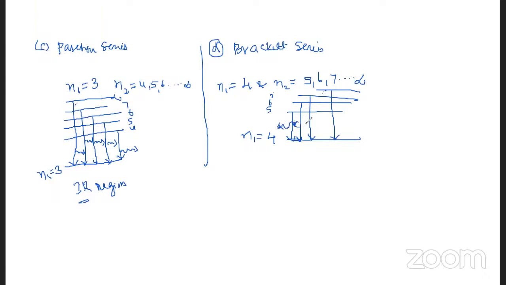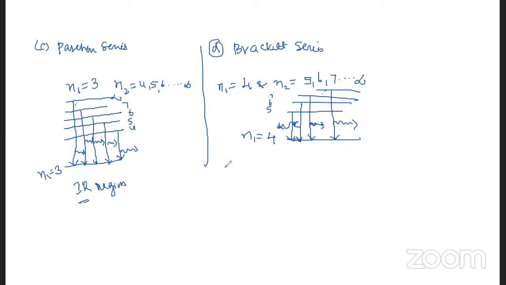And these wavelengths, in the case of the Brackett series, are in the infrared region of the spectrum. So these also come under the infrared region.